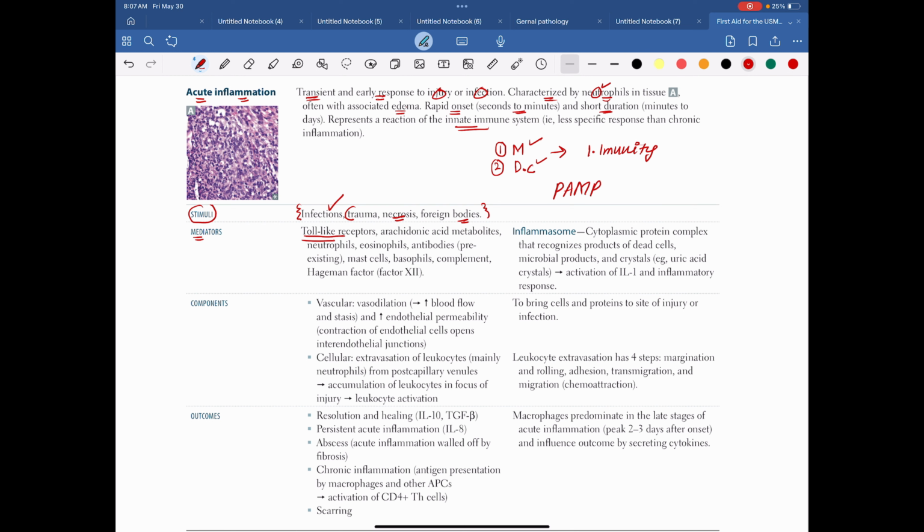So basically you have to remember, whenever there is any kind of bacteria, let's take an example of gram negative bacteria. In the outer membrane of gram-negative bacteria, we have the lipopolysaccharide. It is a type of pathogen-associated molecular pattern.